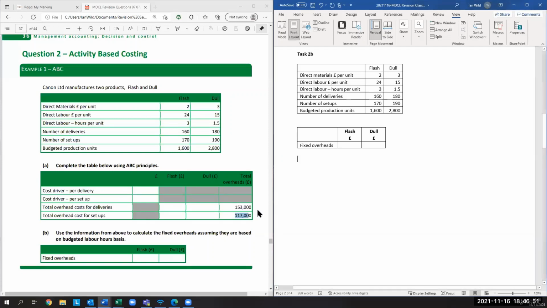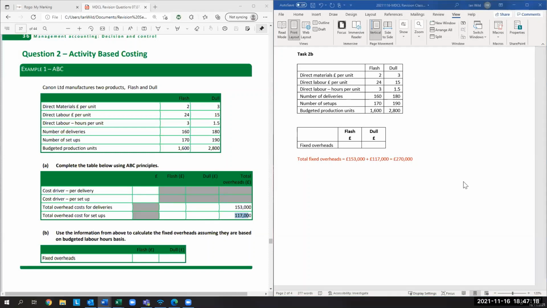So our first step then, I would suggest, is to work out our total overheads. So we need to add both of them together. So our total fixed overheads will be 153 plus 117, £270,000. Okay, so we've worked them out. We know that that's the split that's in there at the moment, but we need to change that split.